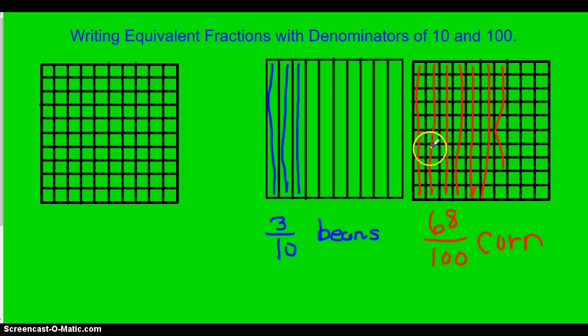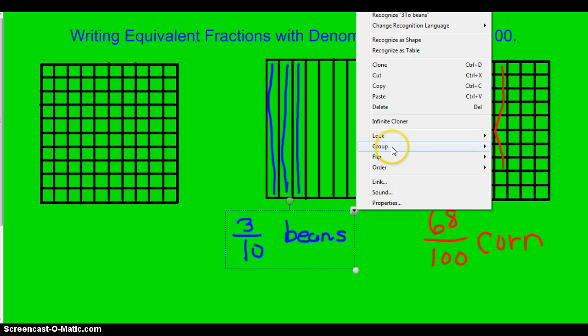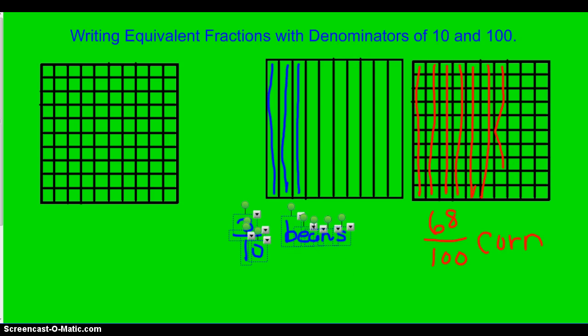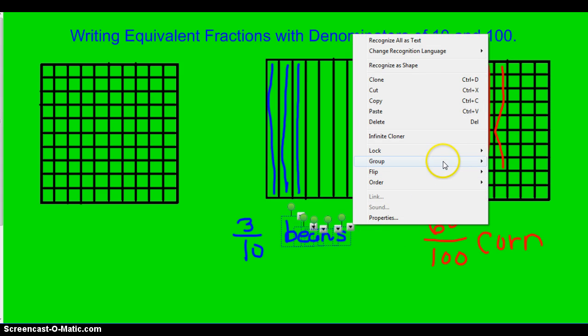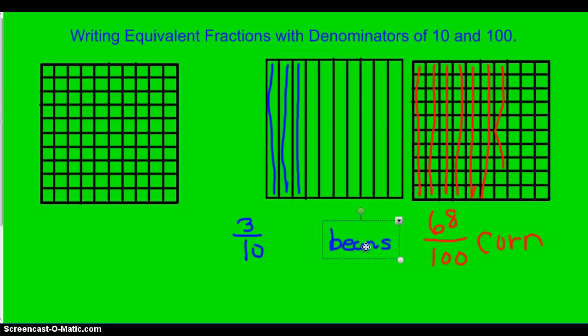So 68 hundredths. If we combine these on the hundredths grid, we're going to write an equivalent fraction for 3 tenths. So 3 tenths would be equal to how many hundredths?